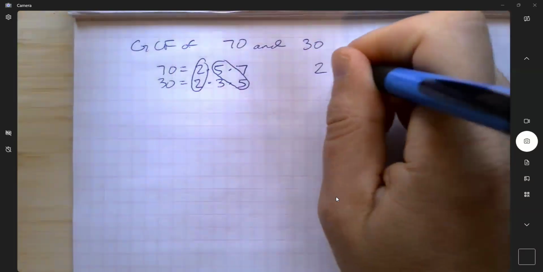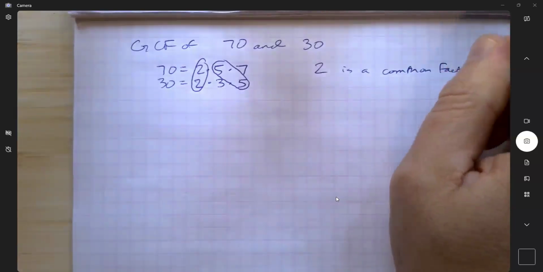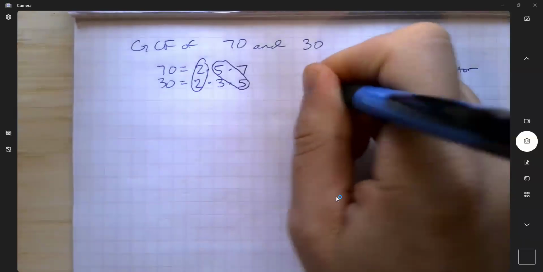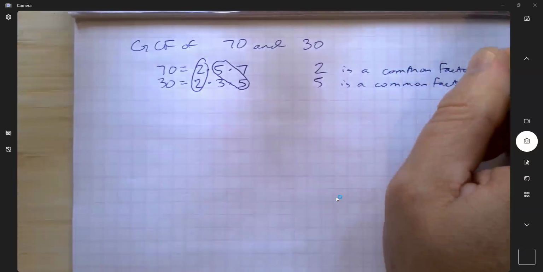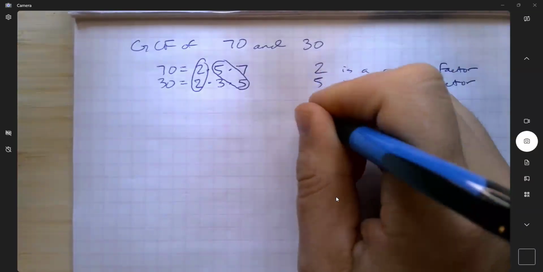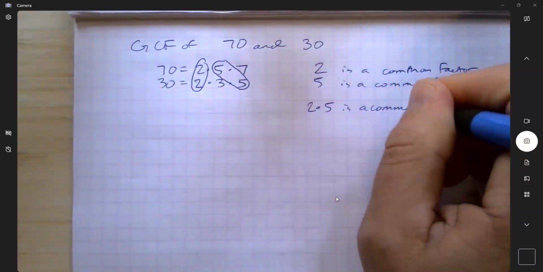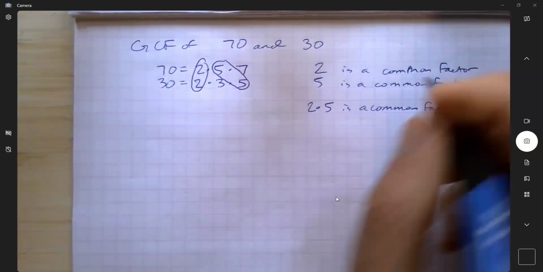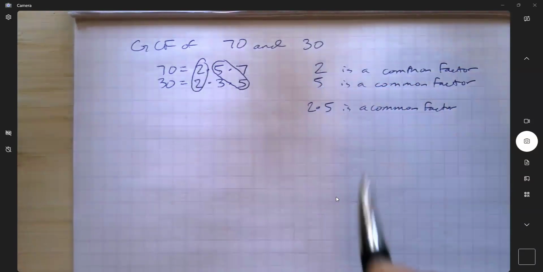So 2 is a common factor. 5 is a common factor. But if both 2 and 5 are common factors, then 2 times 5 is a common factor. Because I have a 2 times 5 in the 70 and I have a 2 times 5 in the 30.